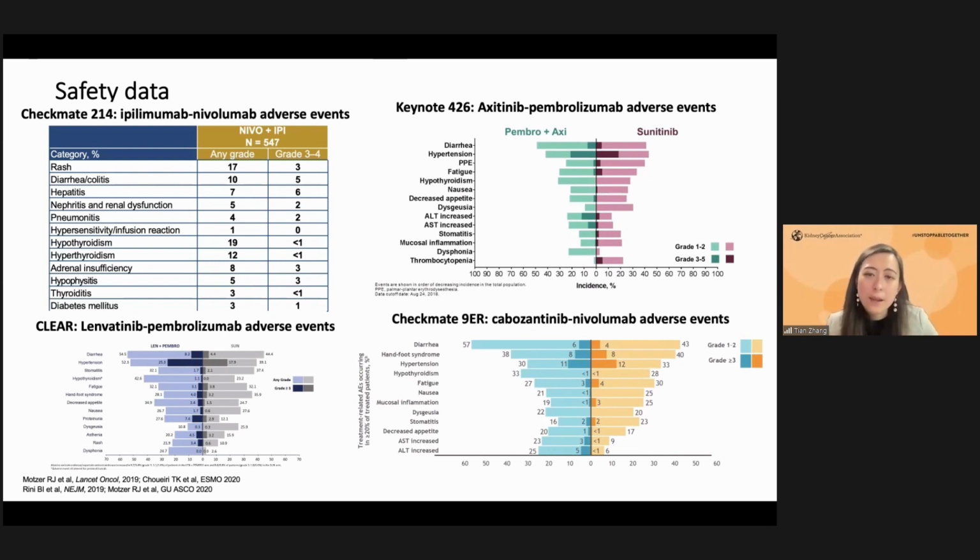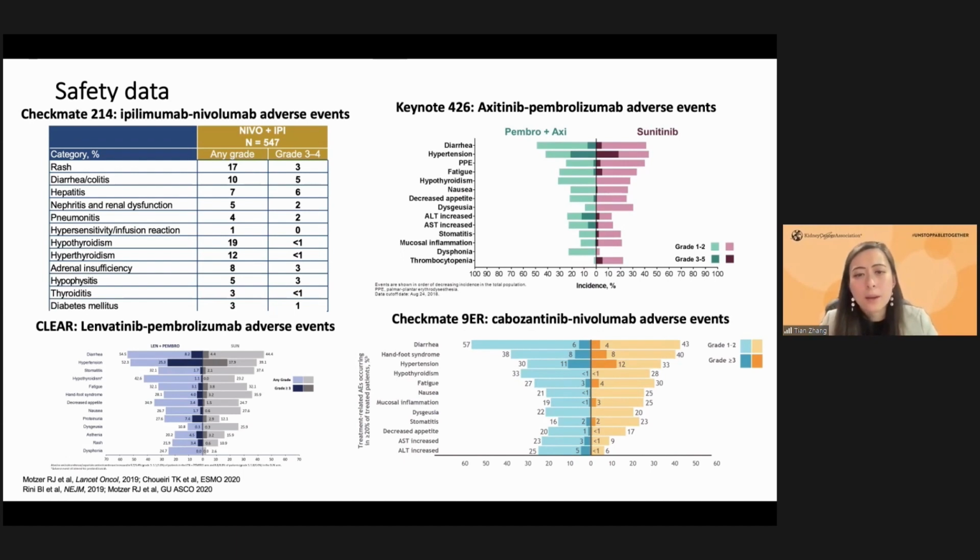And so when that happens, we have some toxicities that are more likely to be ascribed to the anti-angiogenic agent. These include things like high blood pressure, what we see as PPE here, or palmar plantar erythrodysesthesia, and this is also known as hand-foot syndrome, where there's a rash on the palms of the hands and the soles of the feet, can be blistering and painful.